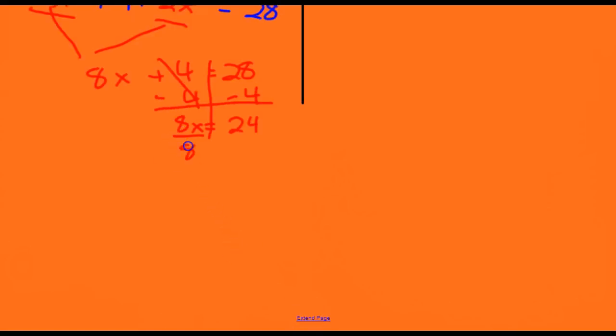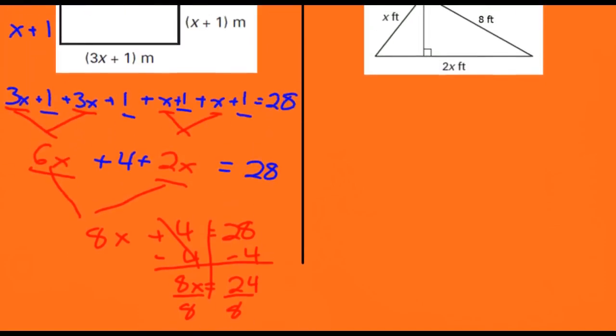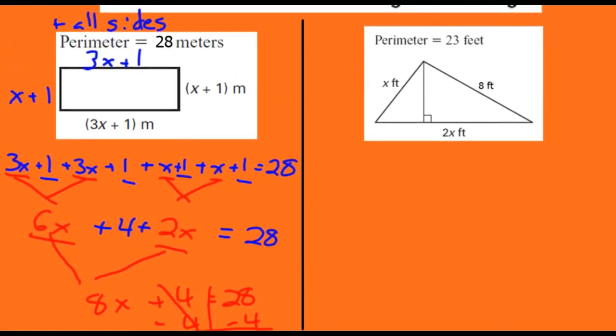Divide by 8. And x equals 24 divided by 8, which is 3. So x equals 3. So in this rectangle, anywhere we see an x, we know that we could put a 3 in there.